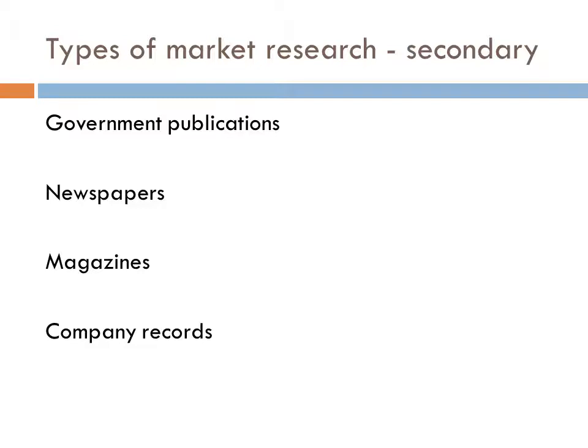Company records are often a valuable source of information such as sales figures, accounts, and previous surveys are easily accessible and have no cost attached to them. These are secondary sources because they are not going to be used for their original purpose. The original purpose of company records is probably going to be to give information to shareholders or owners.